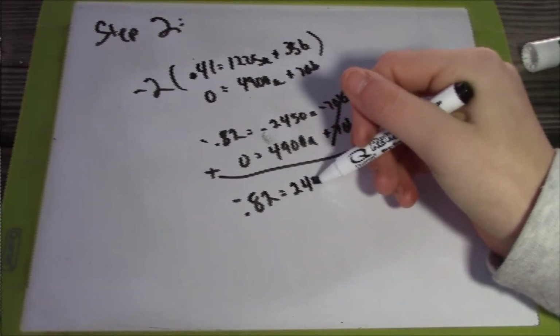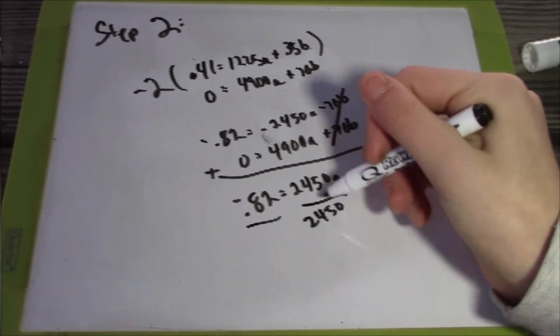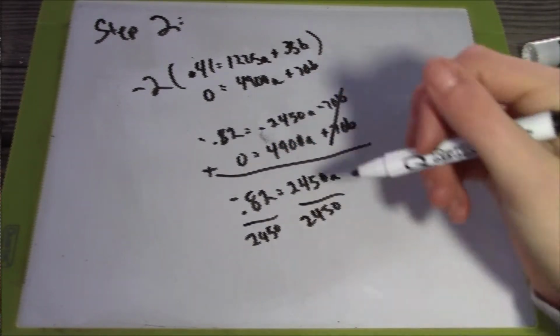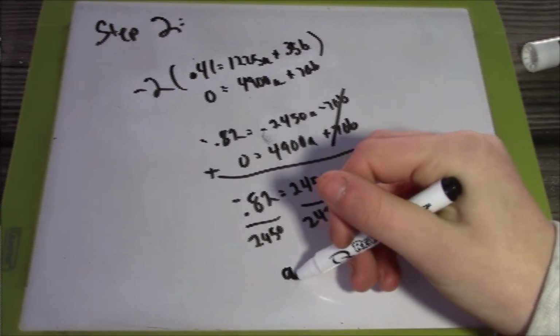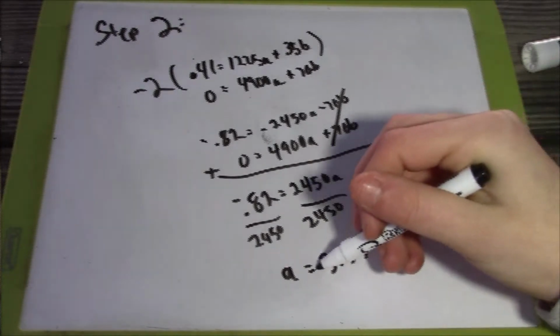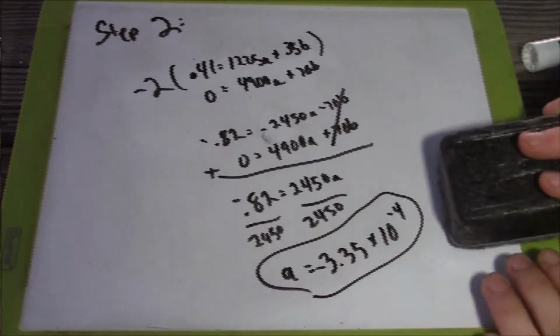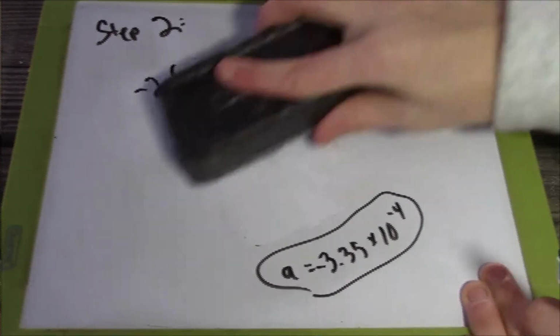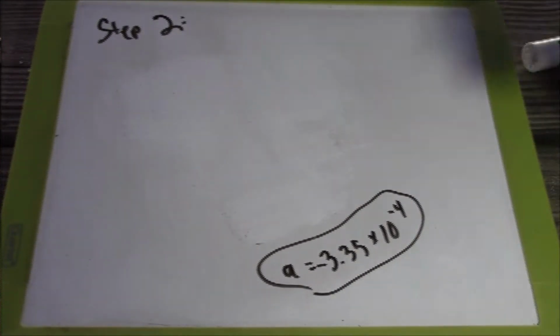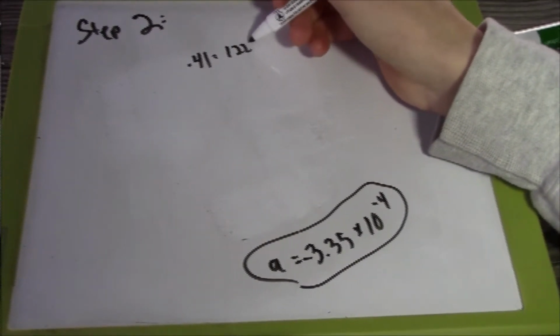You are left with one variable, which is a. Solve for a algebraically. a equals -3.35 times 10 to the -4th. Now that you have a, you plug that into the second equation and solve for b.